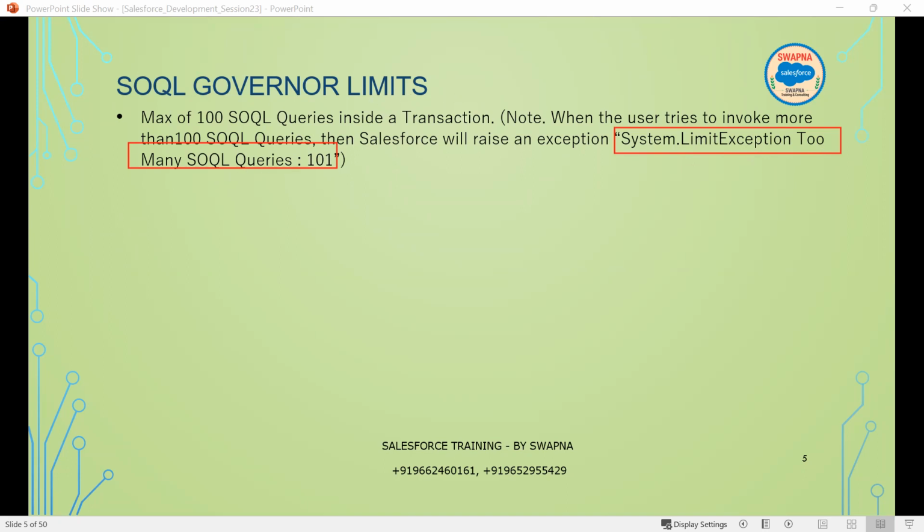This is per transaction, for each execution. And this is for both unlimited and enterprise editions, so there is no difference here. And each SOQL query can return a maximum of 50,000 records.